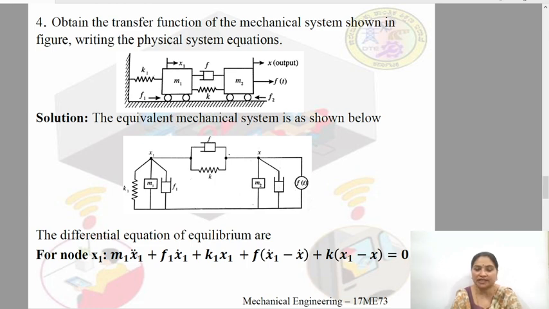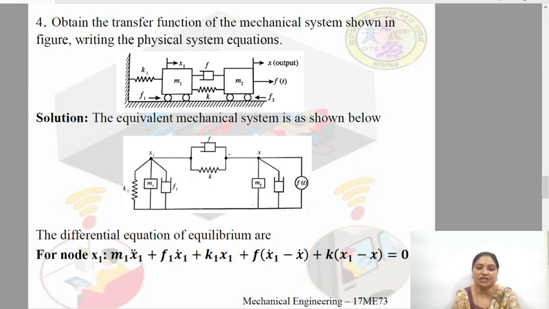For the node x1 we have mass m1, spring k1 and a force F1 which is acting in the forward direction, so it is acting as a damper and we have to show it in the form of a damper. Now for the node x we have mass m2, a damper as well as the force F of t.